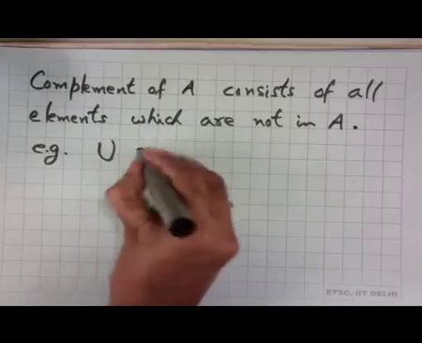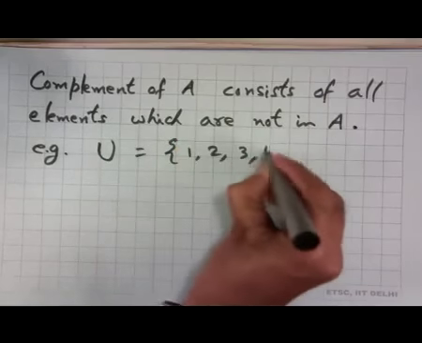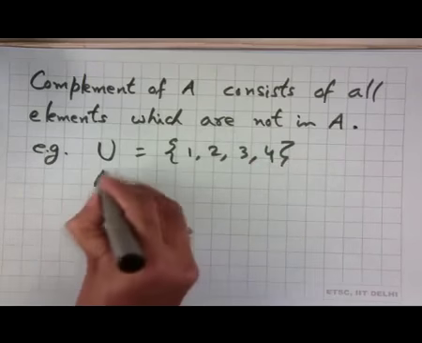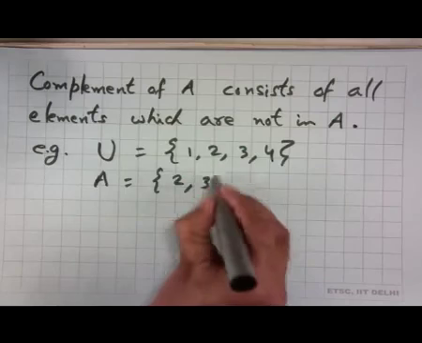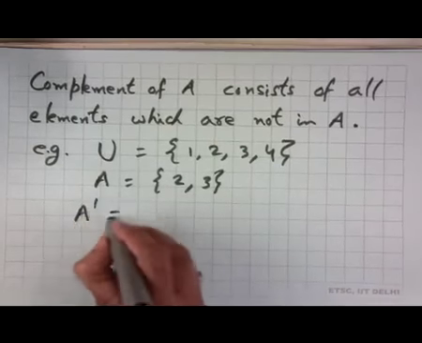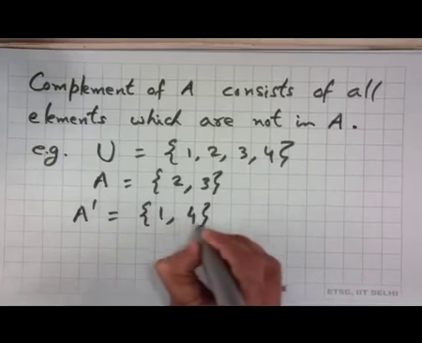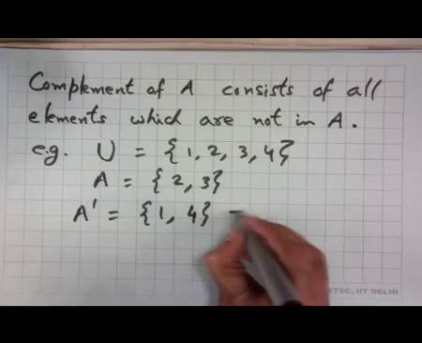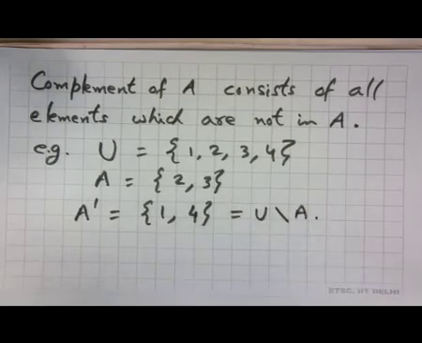So, for example, if U is 1, 2, 3, 4 and A is the set containing 2 and 3, then A complement is equal to the set containing 1 and 4. Right. This is U minus the set A, set difference with set A.